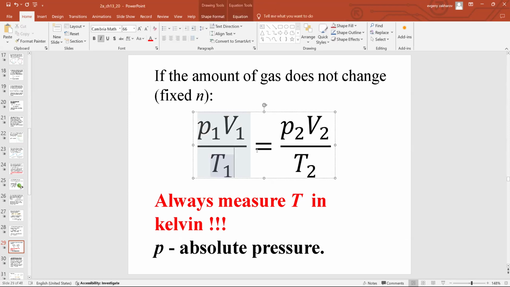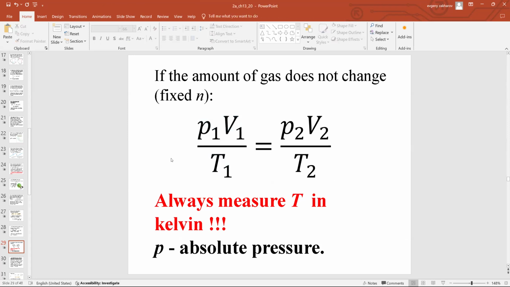So what you will be doing most of the time is the connection between pressure, volume, and the temperature before something happened to a system, and then pressure, volume, and the temperature after something has happened inside the system. And if the amount of gas does not change, which is usually the case if you don't add more gas or you don't lose any gas, then this would be your ratio to work with.